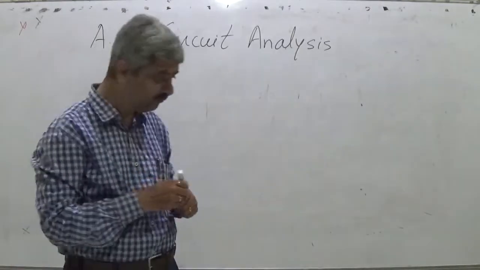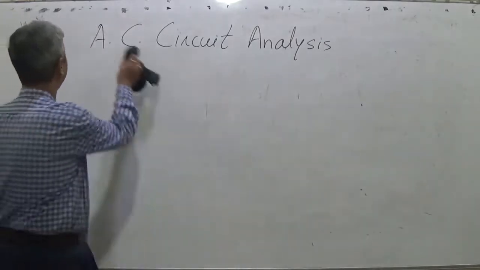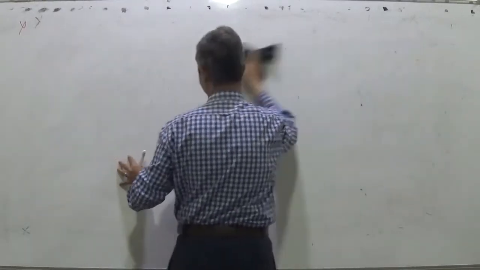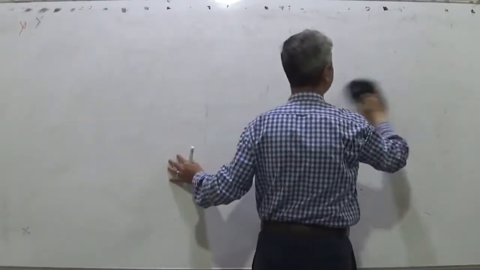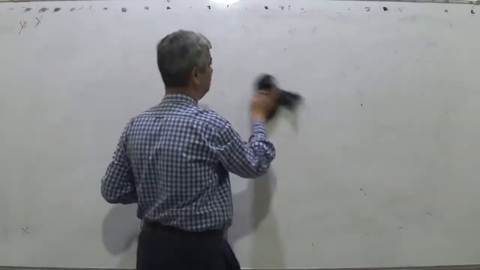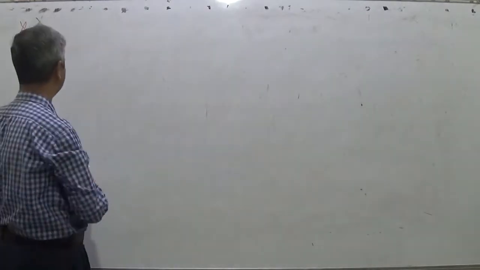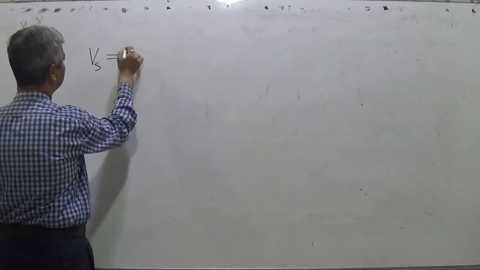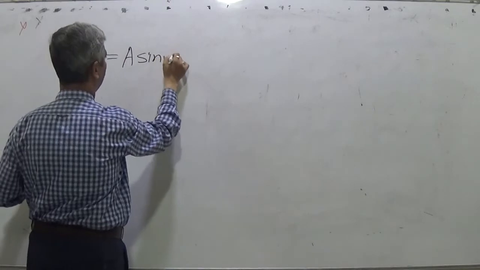So we have a voltage source which is of the nature sin omega t or cos omega t, or in general it is sinusoidal. Whether it is sin or cos depends upon when you start, at which position you are. So in general we can say that the voltage Vs or Vin is A sin omega t.